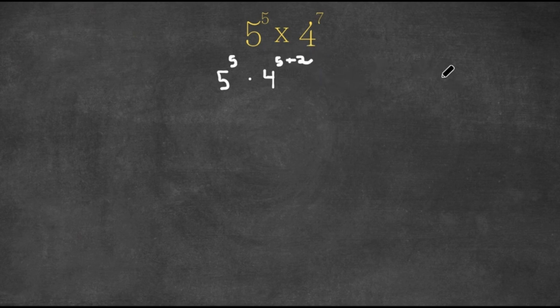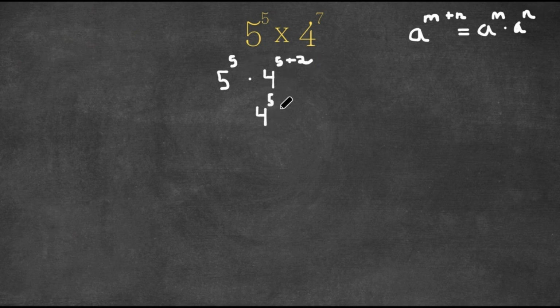Now, an important property of exponents is that if we have a to the power of m plus n, this is the same thing as a to the power of m times a to the power of n. So if we have 4 to the power of 5 plus 2, this is the same thing as 4 to the power of 5 times 4 to the power of 2, because 5 in this case is m and 2 is n.